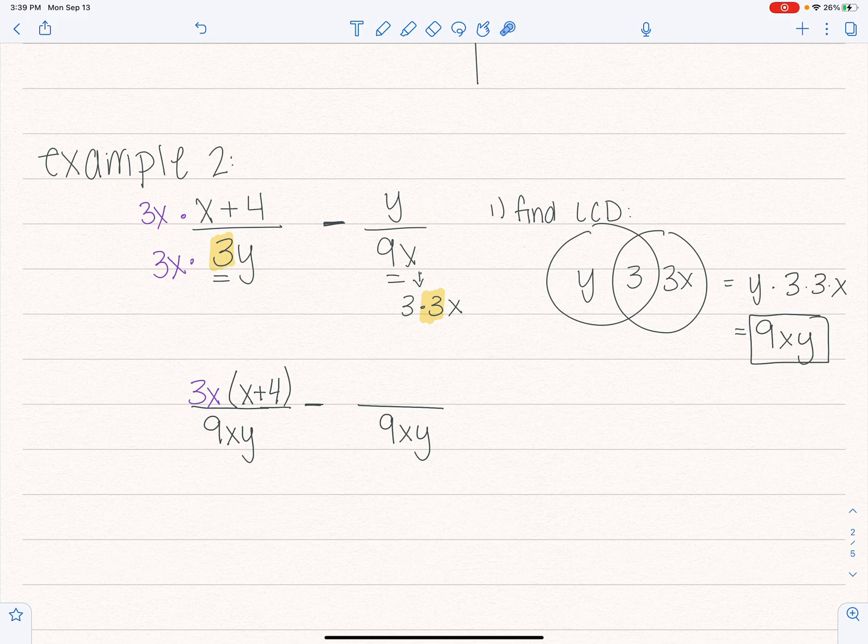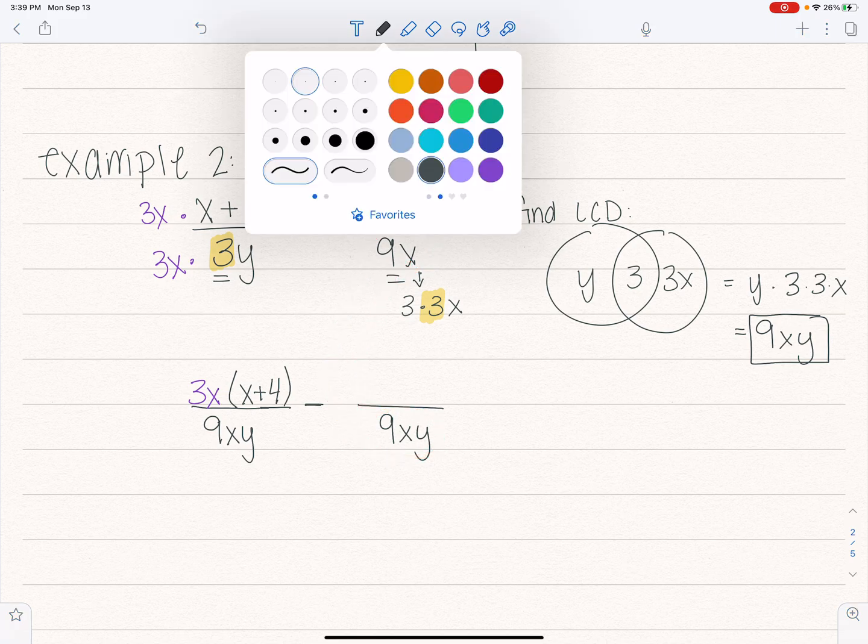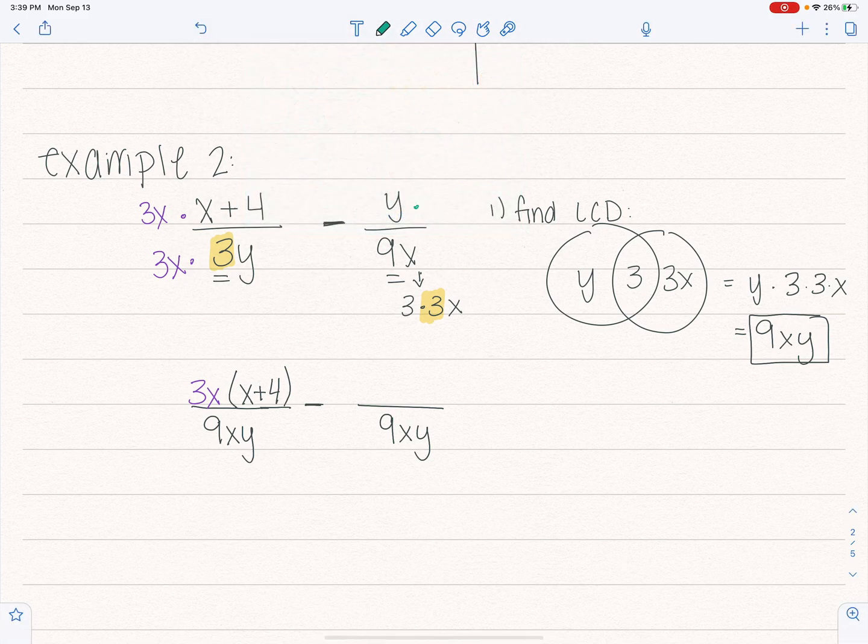Second fraction, I have 9x and I need 9xy. So 9, I don't need to multiply by anything to get to 9. x, I don't need to multiply by anything to get to x, but I do need a y. And so I will multiply both of these, top and bottom, by y.